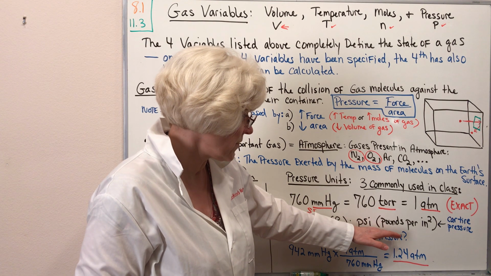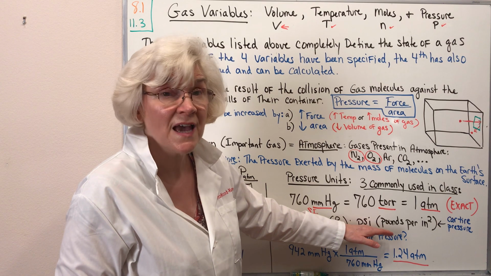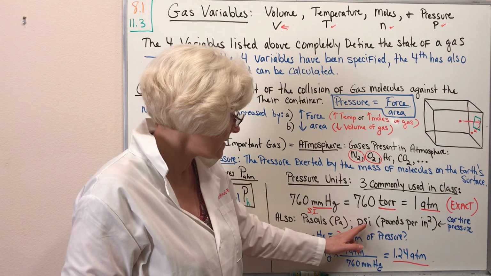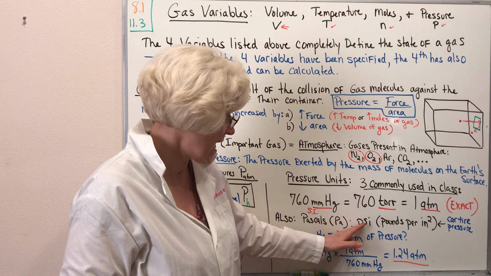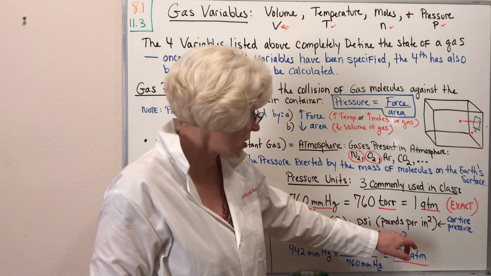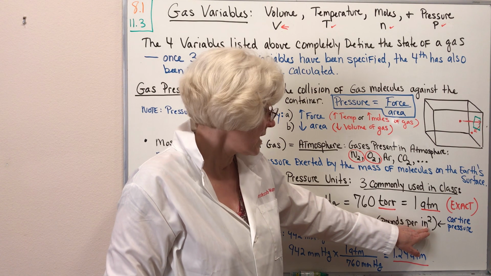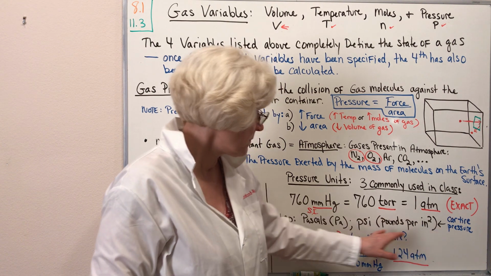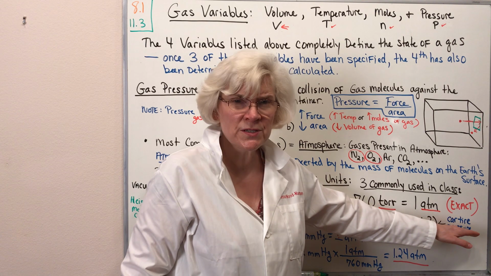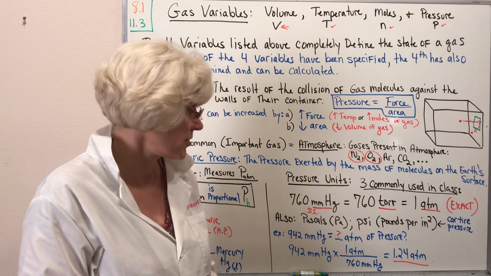The other pressure unit I'd like to mention is a pressure unit known as PSI. And PSI is an abbreviation of pounds per square inch. Pounds is a unit of force, and inches squared is a unit of area. And PSI is important to note because that's how car tire pressure is measured, right?